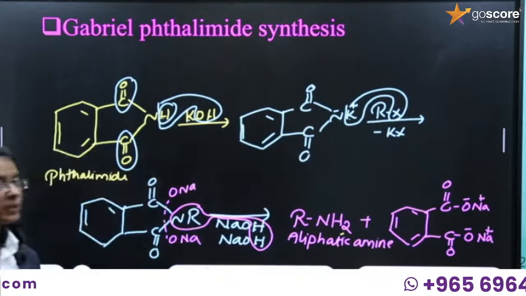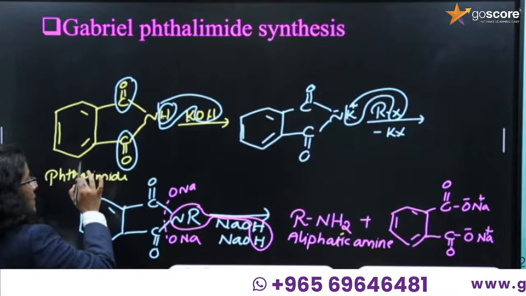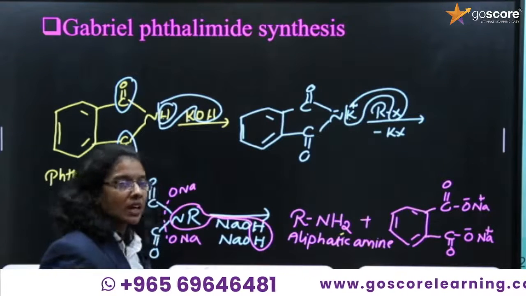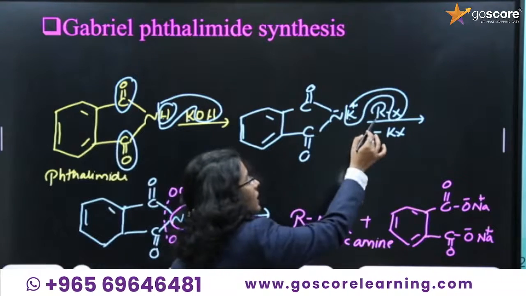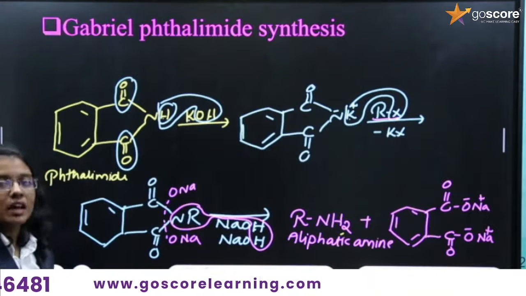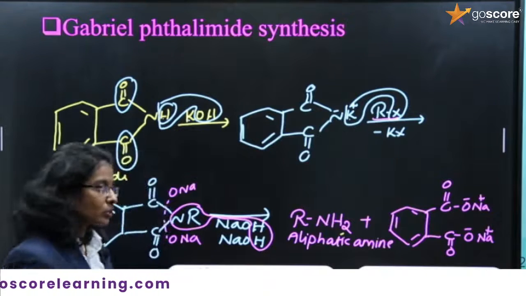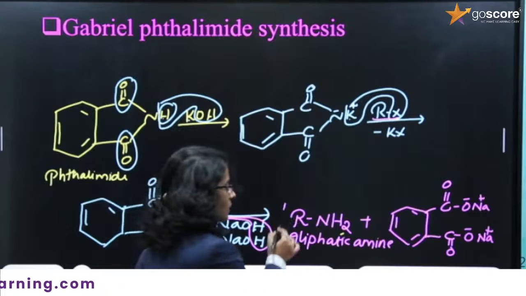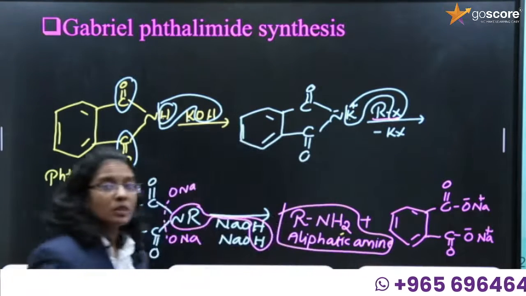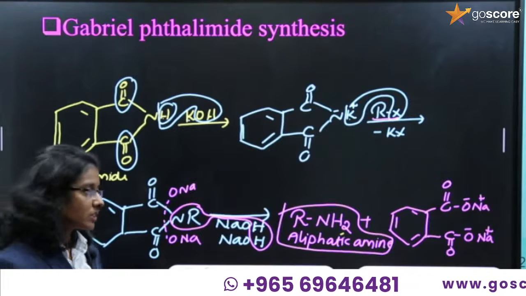So, what is Gabriel phthalimide synthesis? Once again, first the phthalimide reacts with KOH. You will get potassium phthalimide. This potassium phthalimide on reacting with alkyl halide, you will get N-alkyl phthalimide. That on reacting with aqueous solution of NaOH, you will get primary amine. Very, very important: primary aliphatic amine will respond to this reaction.